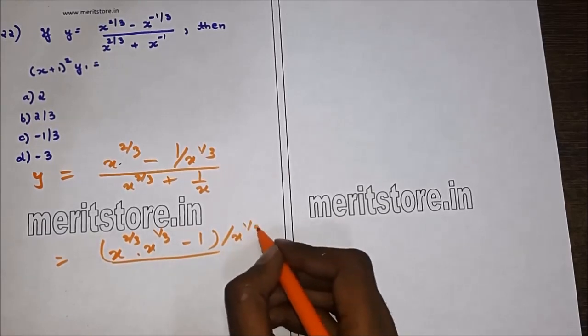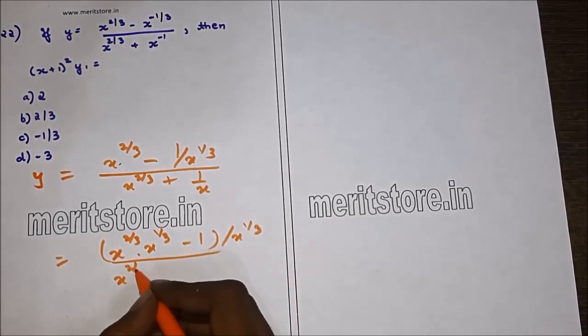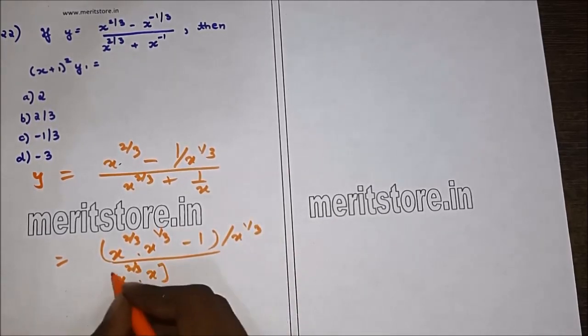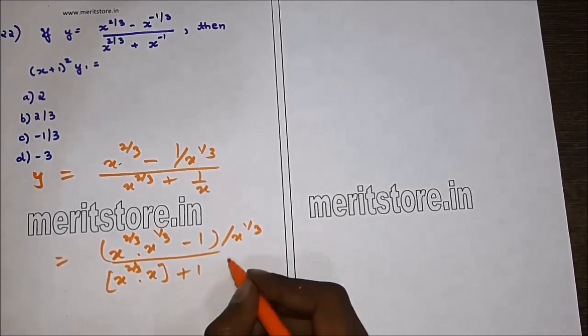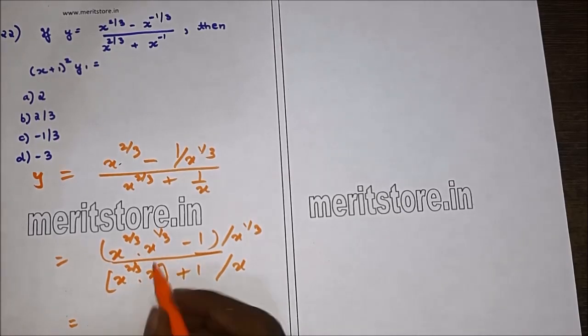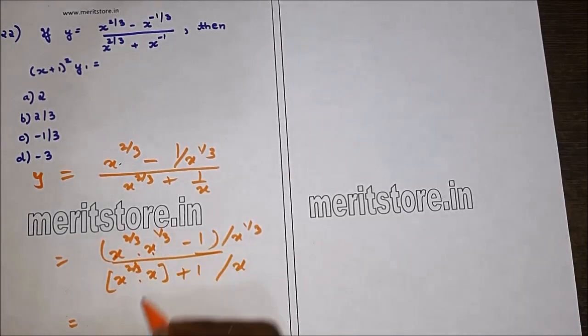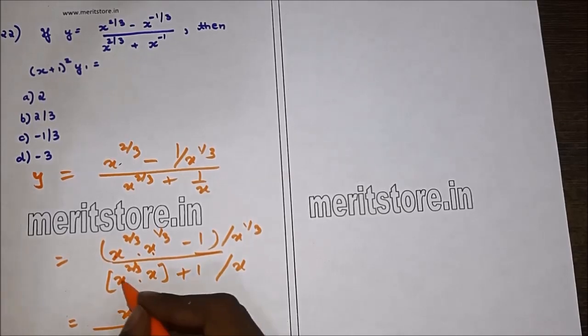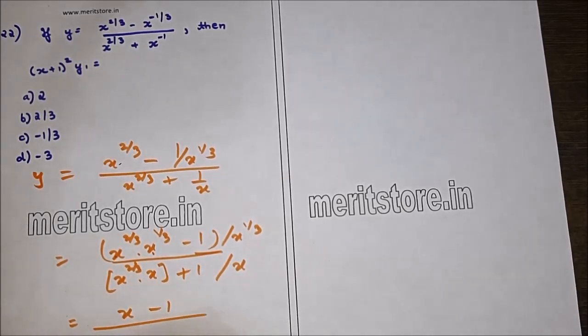divided by x raised to 1 by 3 upon x raised to 2 by 3 into x plus 1 divided by x. So this is x raised to 2 by 3 into x raised to 1 by 3 is x. So x minus 1 upon, again this is x raised to 2 by 3 plus x is x raised to 5 by 3 plus 1.